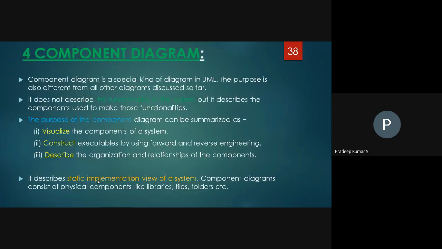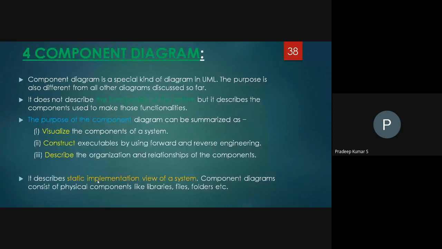Before that, I'm going to tell about some diagrams. Previously, I told about the component diagram also. Component and deployment diagrams come under the static view only. Both refer to the physical activity of the system.